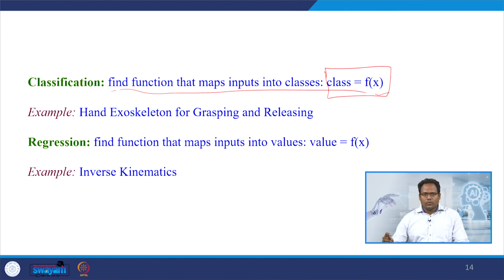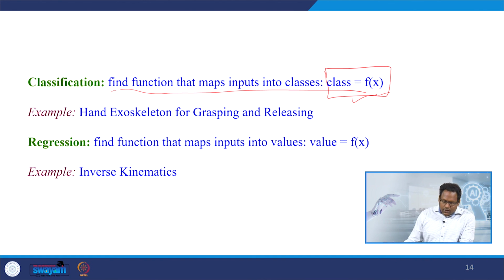So, grasping is one class, releasing is another class, towards the on-off controller. Based on the input subject intention through the brain signal or through the muscle signal, the exoskeleton will help elderly human beings to grasp objects or to release them. That is the output of classification through neural network application.